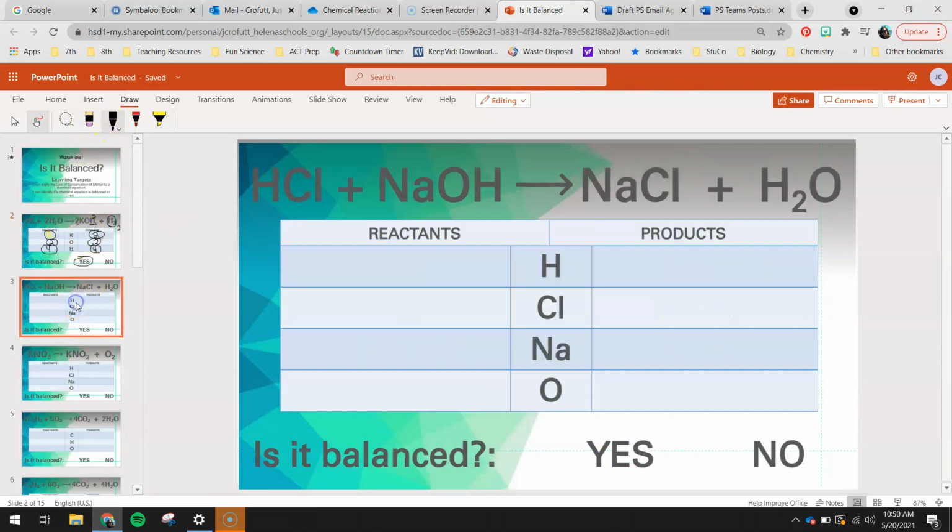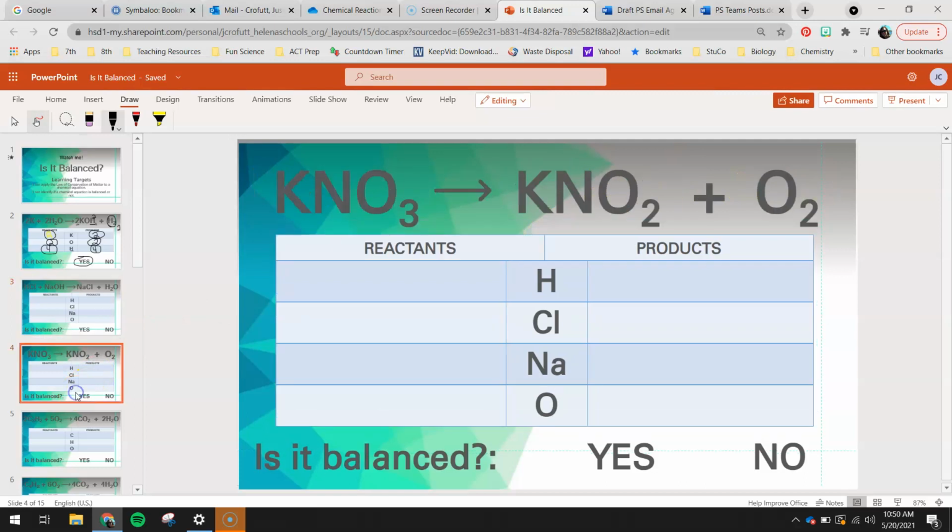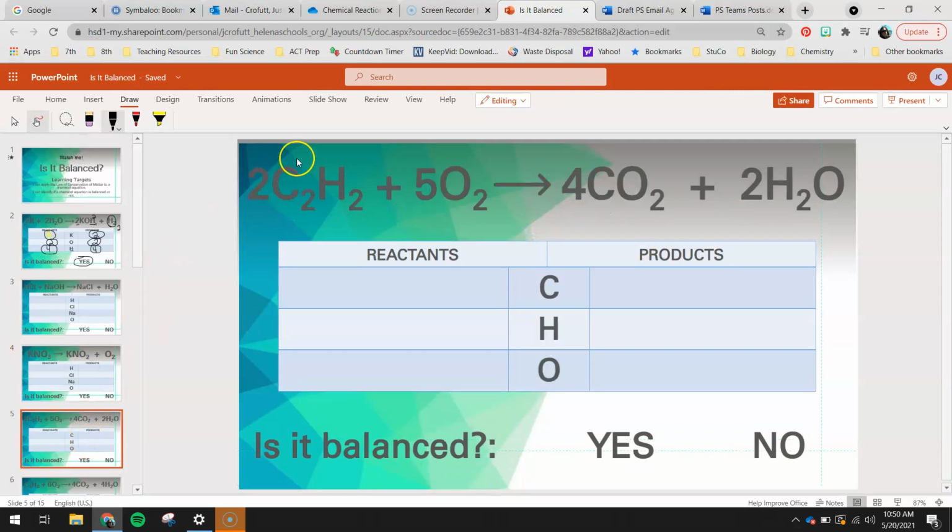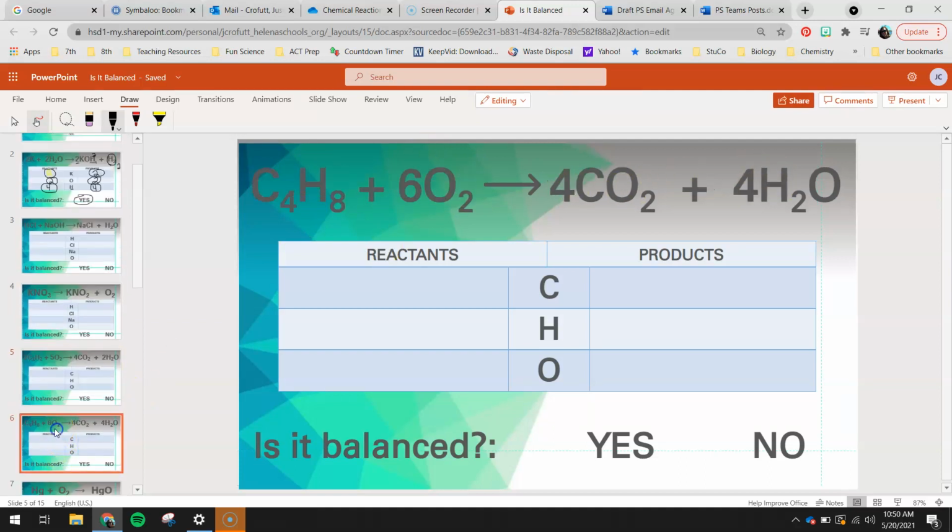Okay. Other reactions you will be looking at today: hydrochloric acid and sodium hydroxide form salt and water. Potassium nitrate forms potassium nitrite and oxygen. We've got a carbon-containing fuel combusting in the presence of oxygen to form carbon dioxide and water. And another carbon-containing fuel combusting, same process as last time.